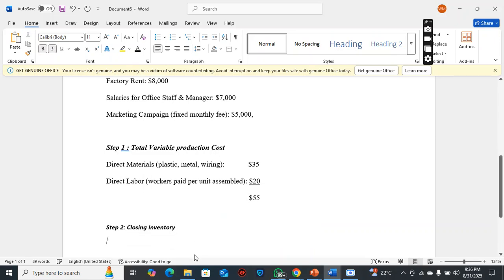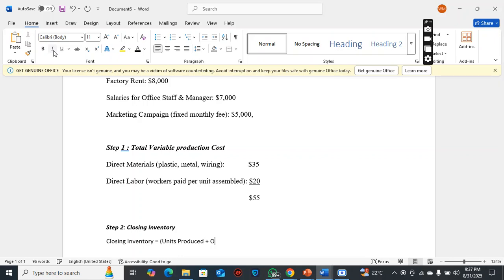So closing inventory equals units produced plus opening inventory minus units sold.